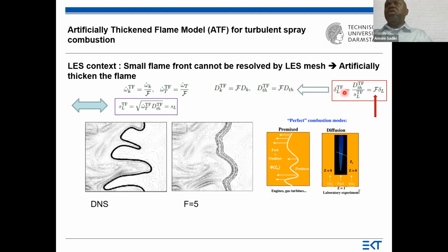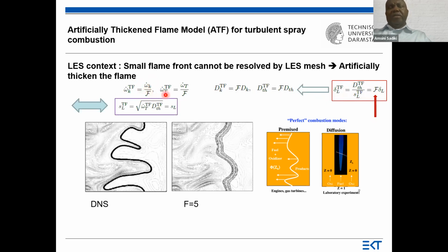If we have this, then we have a new thickness of the flame, which is what we had before multiplied by this factor, the thickening factor F. And this factor should also play a role on the chemical reaction, which is also modified.